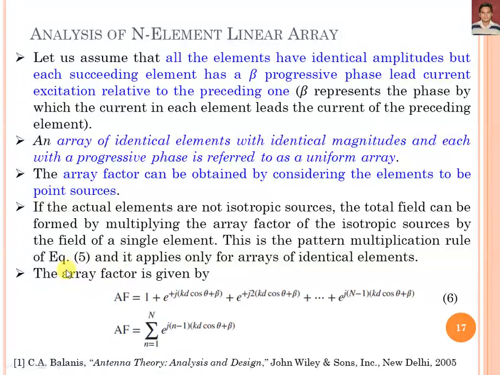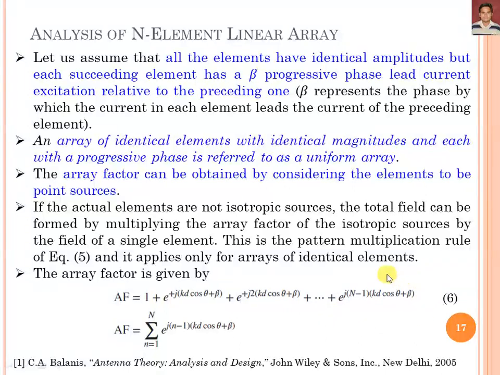So we can calculate the array factor, and it can be written using this expression: 1 plus e to the power j(kd cos theta plus beta), plus e to the power j2(kd cos theta plus beta), and so on.